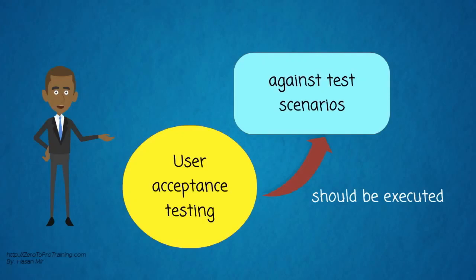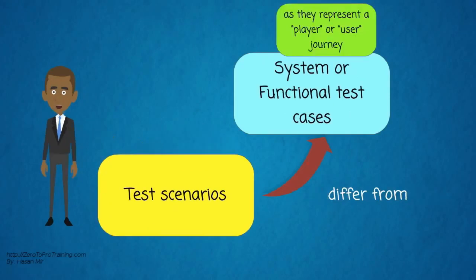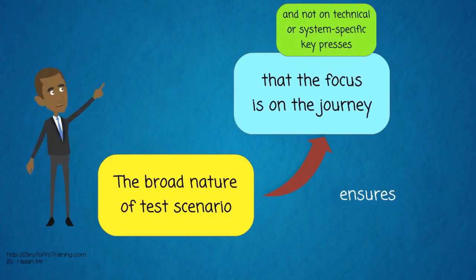UAT should be executed against test scenarios. Test scenarios usually differ from system or functional test cases, in the sense that they represent a player or user journey. The broad nature of the test scenario ensures that the focus is on the journey, and not on technical or system-specific key presses.